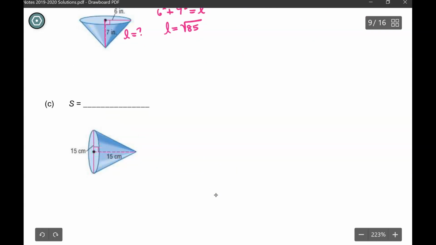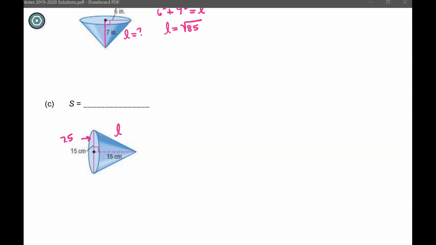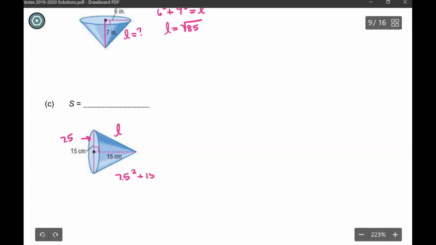Okay, one more of these. So 15 is pointing to all the way across, so that looks like my radius is 7.5. I need to find L. So I'm going to have to do Pythagorean theorem. So I have 7.5 squared plus 15 squared equals L squared. So let's see, we get 281.25, so that means L is square root of 281.25.